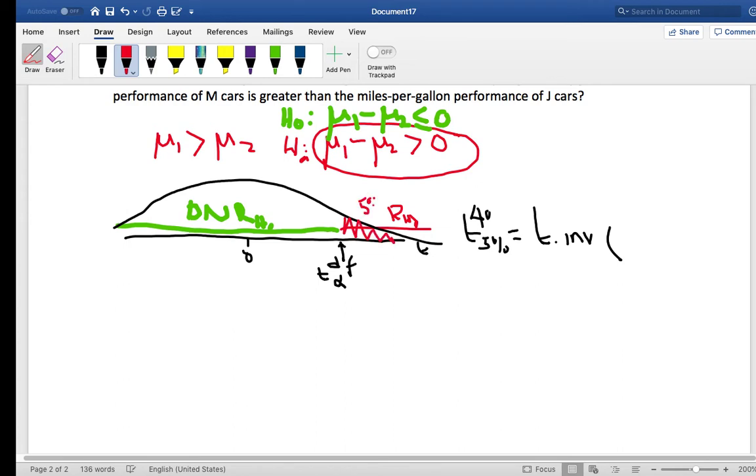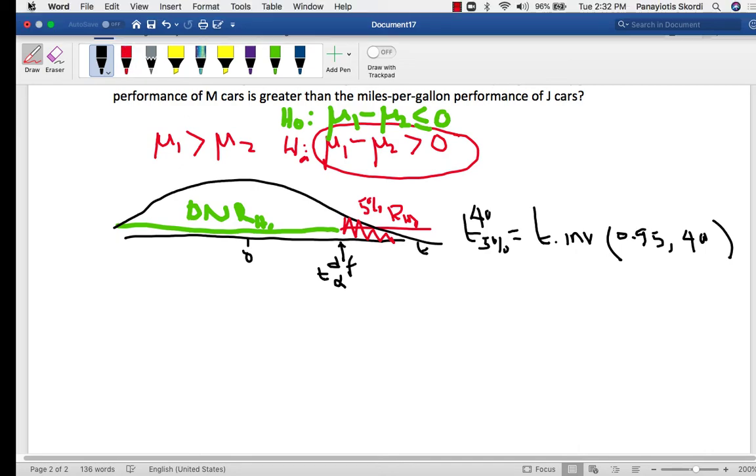Excel wants to know the area to the left of your critical value, and if the area to the right is 5%, then the area to the left is 95%. So this is going to be 0.95. The other thing Excel is going to ask you for is the degrees of freedom, and the degrees of freedom are 40, worked out on the template from before. Just look at the previous video, and that's going to be 1.68.